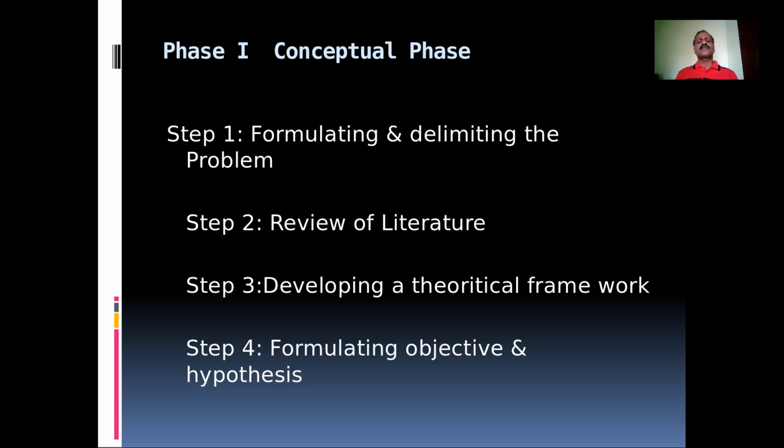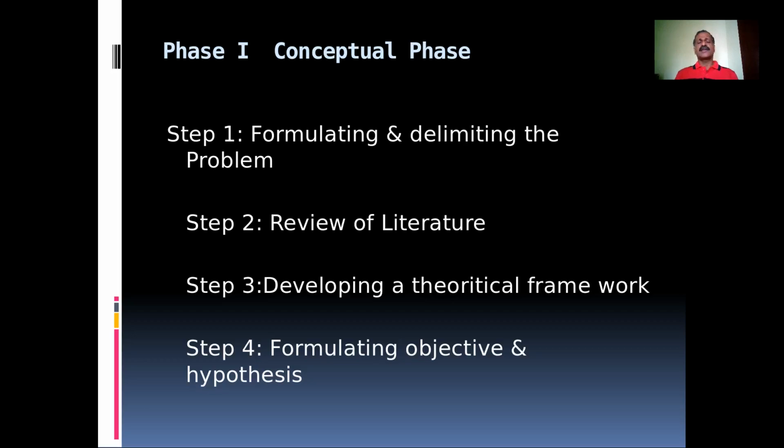The third step is developing a theoretical framework. Now, for our study, we can develop a theory, and that itself is a research, developing a theory. Or you can utilize a theory that was already developed by other theorists or researchers.